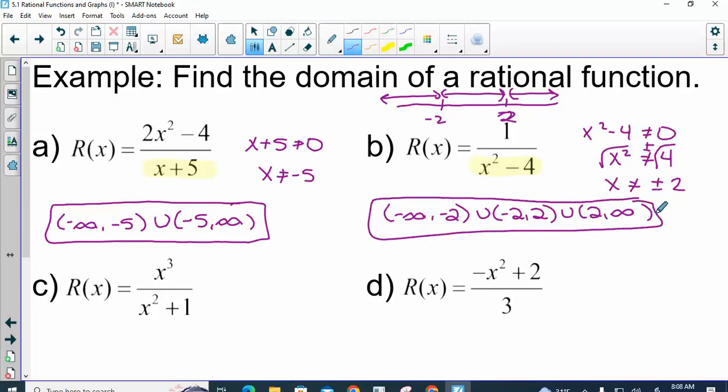In general, it does get a little annoying as we start trying to write these in interval notation if there's multiple values that x cannot be. So my expectation is that if it is just one value that x cannot equal, then you must write the interval notation.